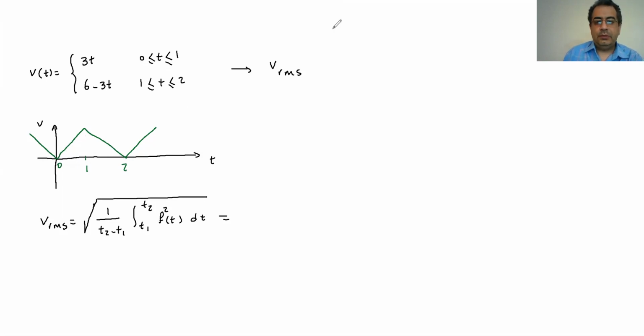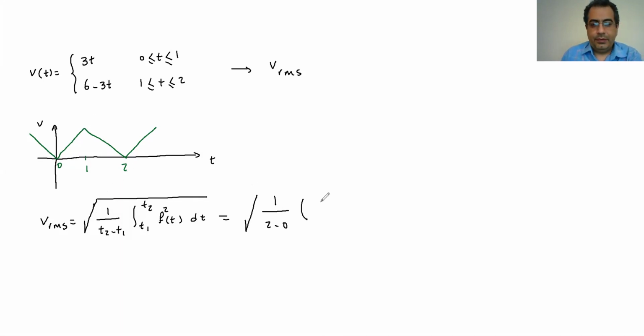So I go ahead and do that between 0 and 2. So it's going to be 2 minus 0, and then I would break this into two integrals, one between 0 and 1, one between 1 and 2.